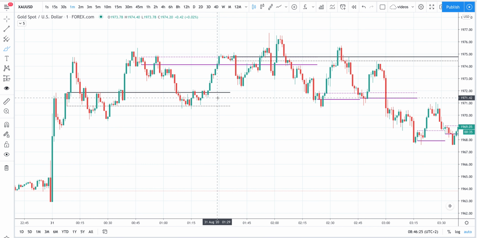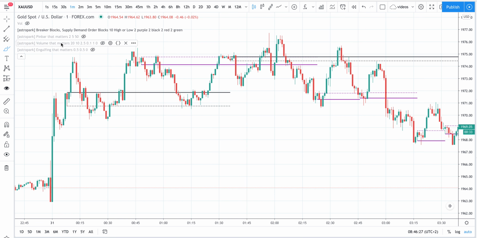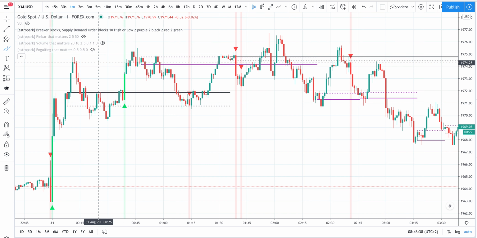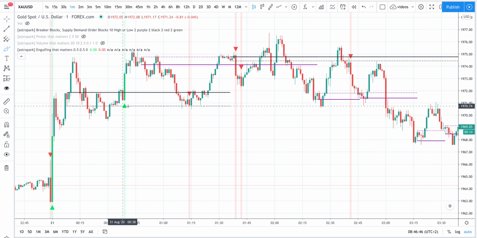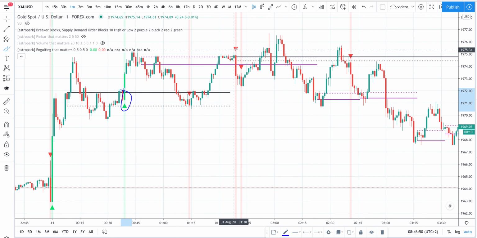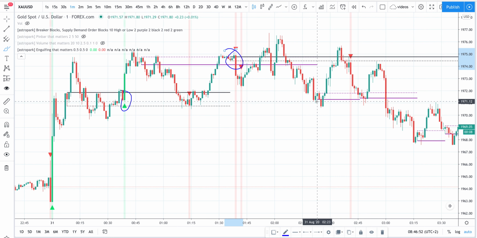You see there are also these indicators that you can use to find some confluences. For example, above all, I suggest the engulfing that matters. In this case, you see also here was suggested to long, here was suggested to short.